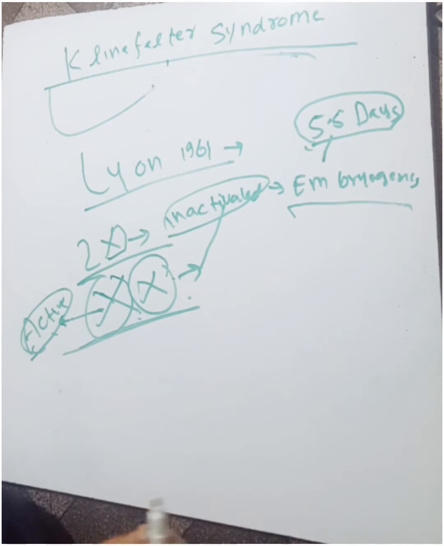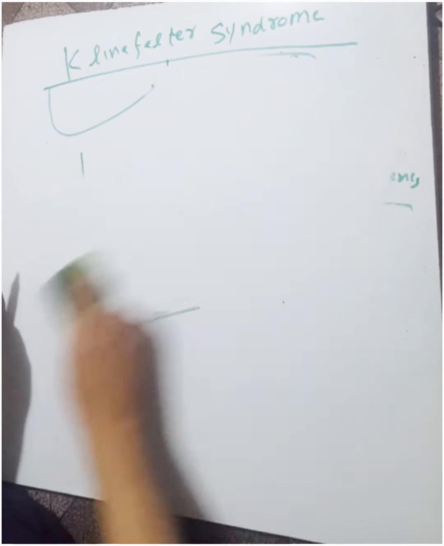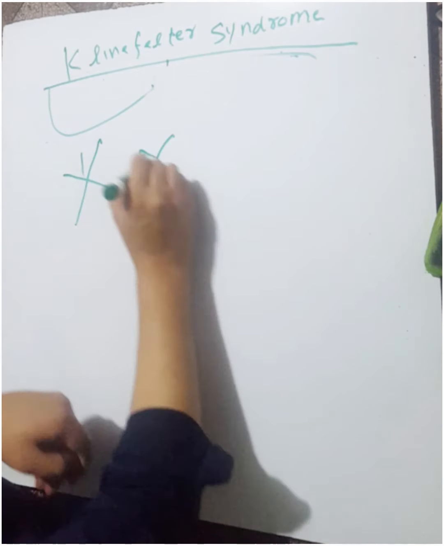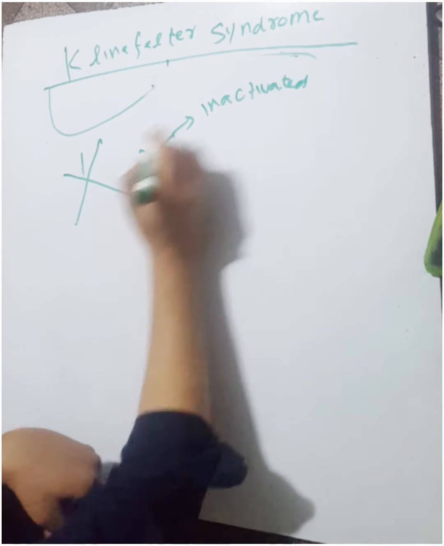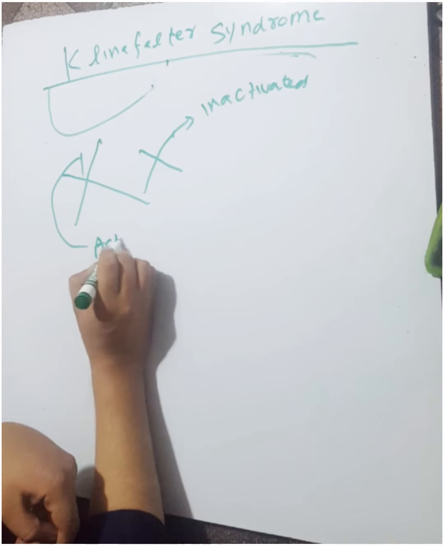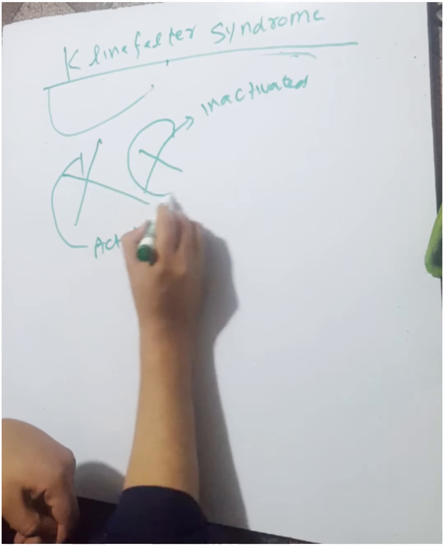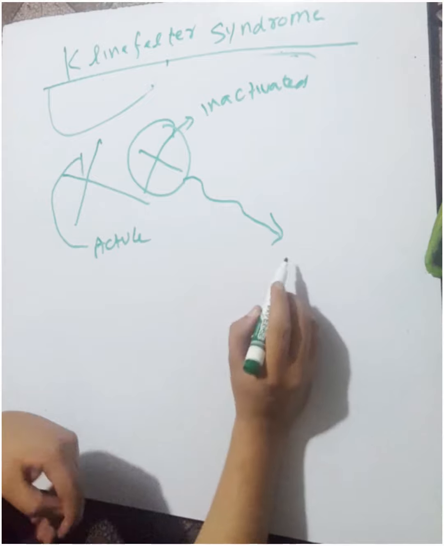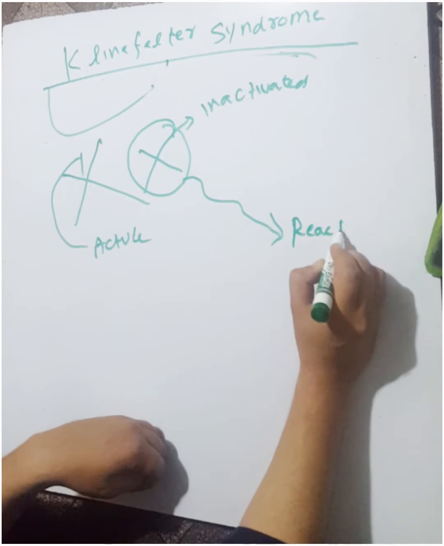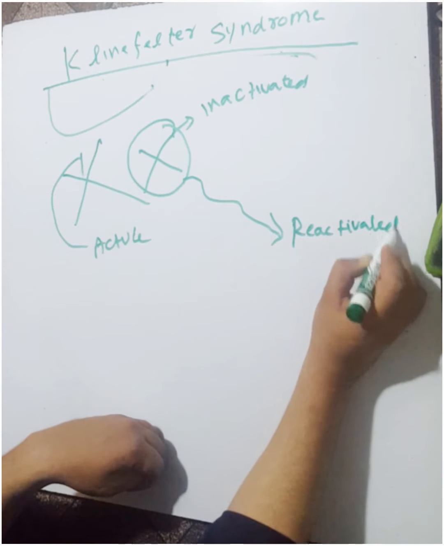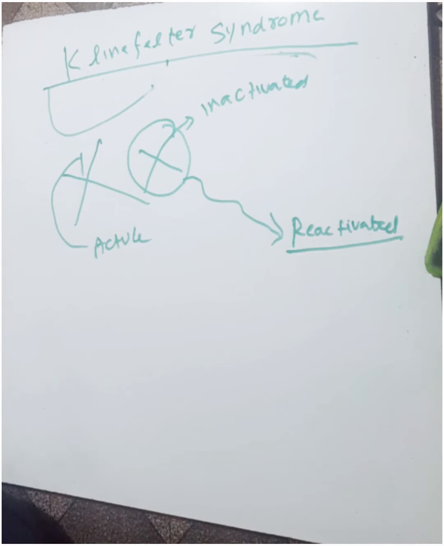But nowadays we know that where there are two X chromosomes, one becomes inactivated and one becomes active, and this inactivated chromosome becomes reactivated.